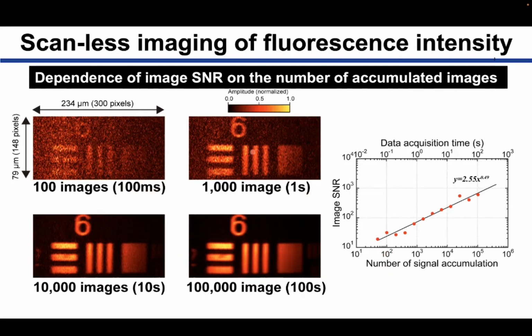So the image contrast is increased by increasing the number of accumulated images. Right shows the image SNR with respect to the number of signal accumulations or corresponding data acquisition time. Image SNR linearly increases depending on the square root of the number of signal accumulations. So this indicates that shot noise limited measurement was achieved in this demonstration.